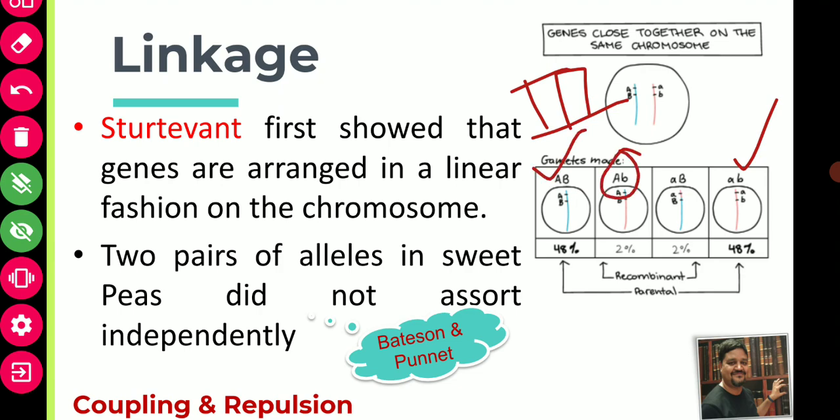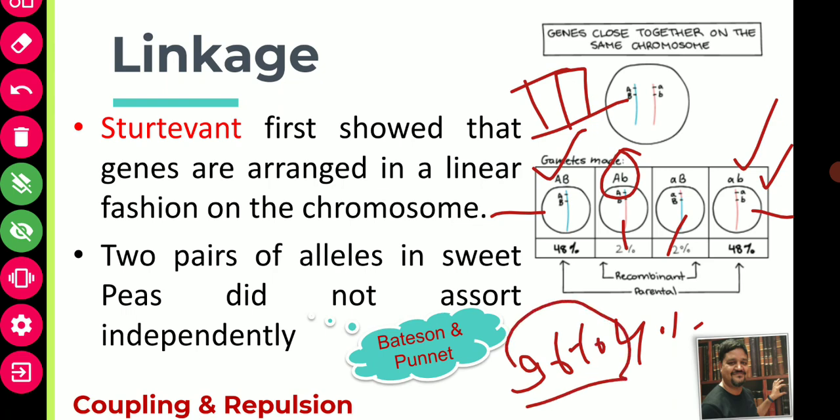These two, capital A capital B and small a small b, are the parental combinations, and these are the new combinations or recombinant types. The recombinant type has a frequency of only 4%, that is 2% and 2%, whereas the parental type has a frequency of 96%, that means 48% and 48%.